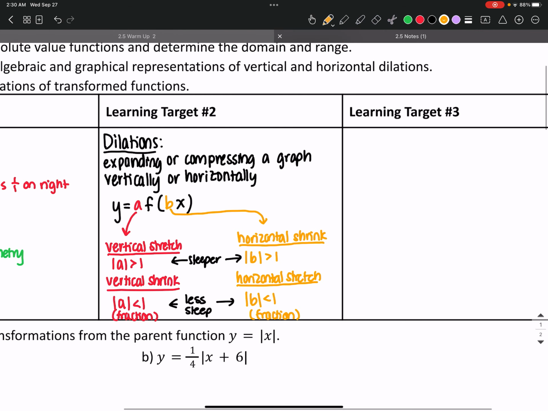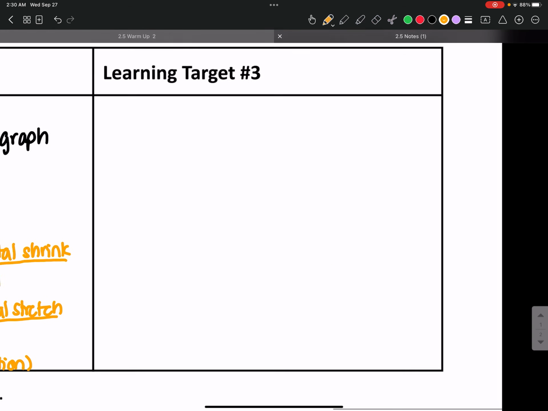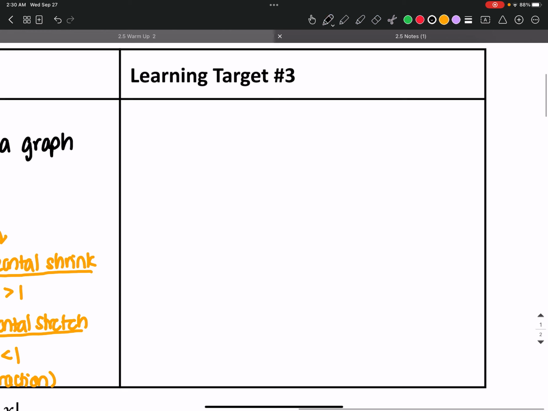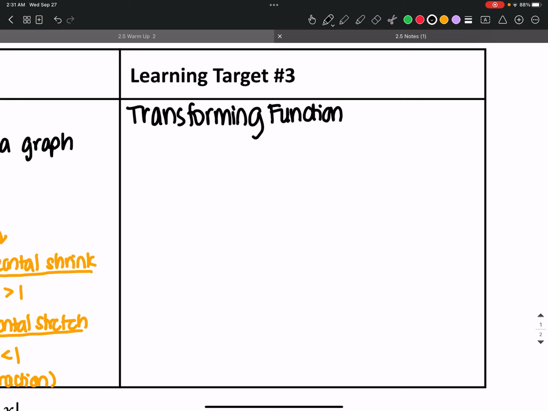And the last learning target, we're going to talk about the template that you can use to transform any function. So we're going to talk about transforming functions, and the template that you can use to do all the transformations we talked about.